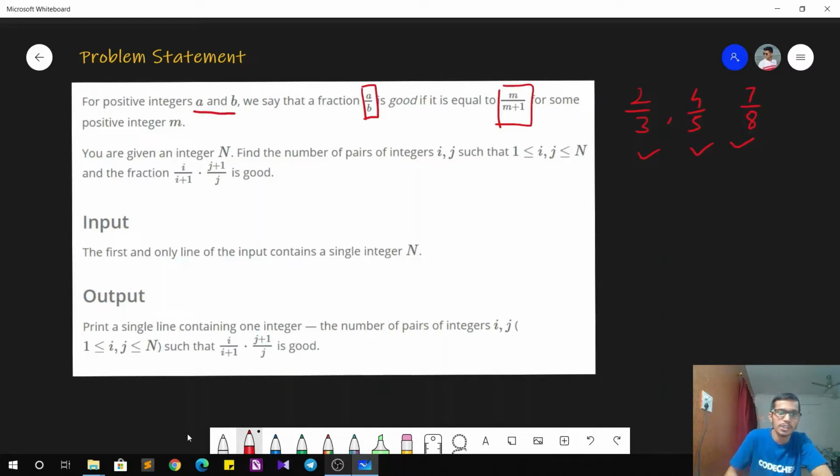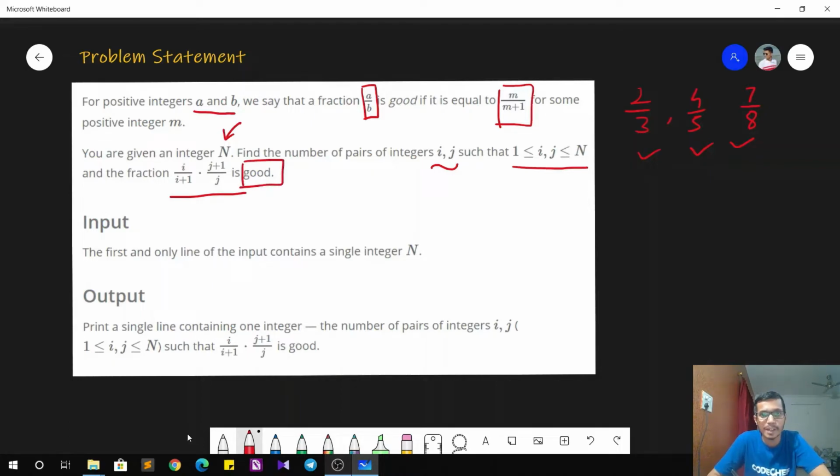Further, we are given an integer n and we have to find the pairs of integers i, j such that both i and j lie in the range 1 to n, and also this expression, that is i upon i plus 1 into j plus 1 upon j, evaluates to a good fraction.